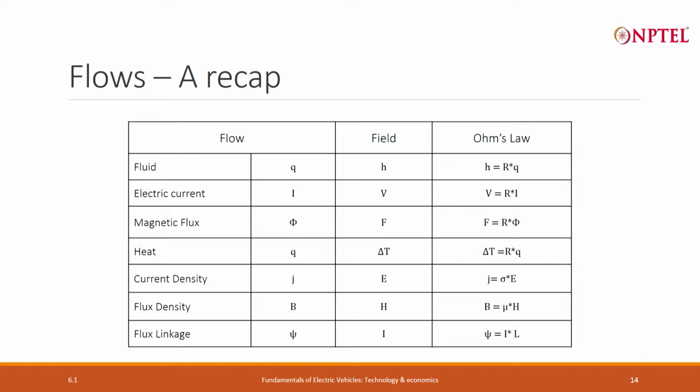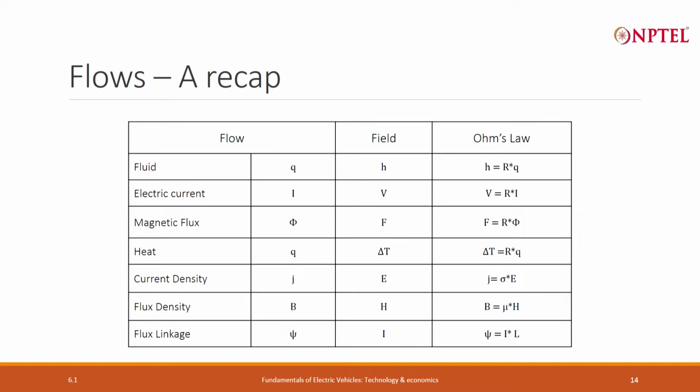Then we get rid of the geometry parameters of the medium that is offering resistance. So, the conventional Ohm's law can be expressed as the relationship between current density and the potential field. Likewise, flux density and the H can be related, and the flux linkage can be related to the current.